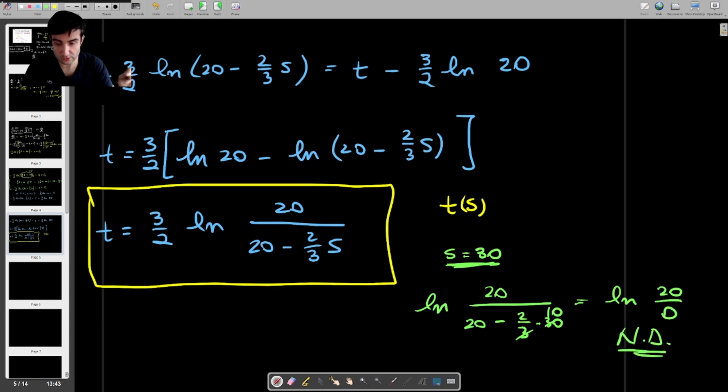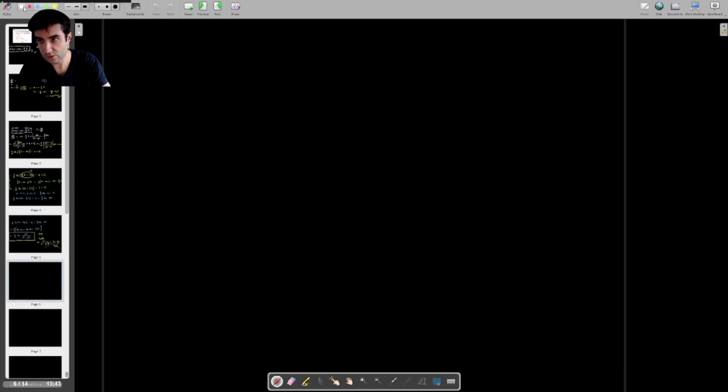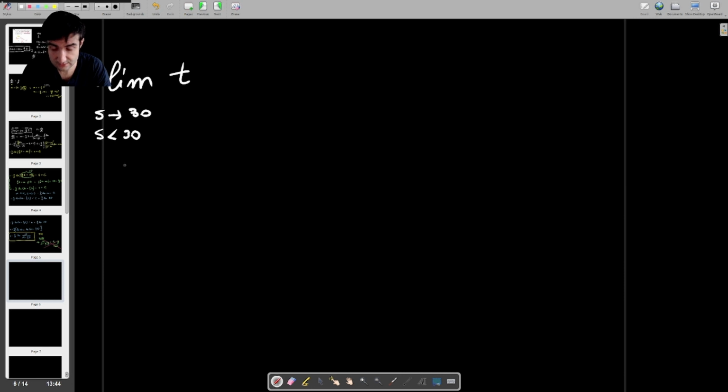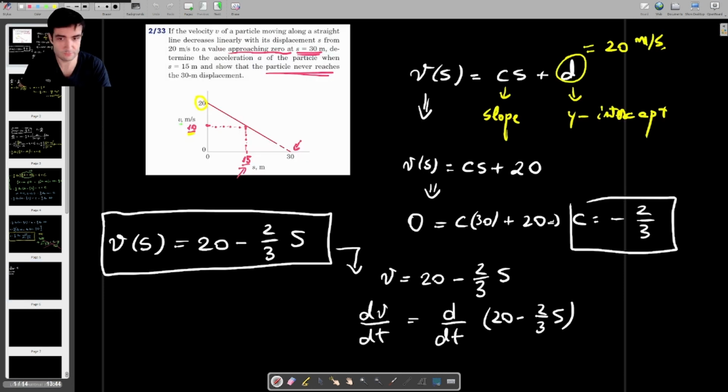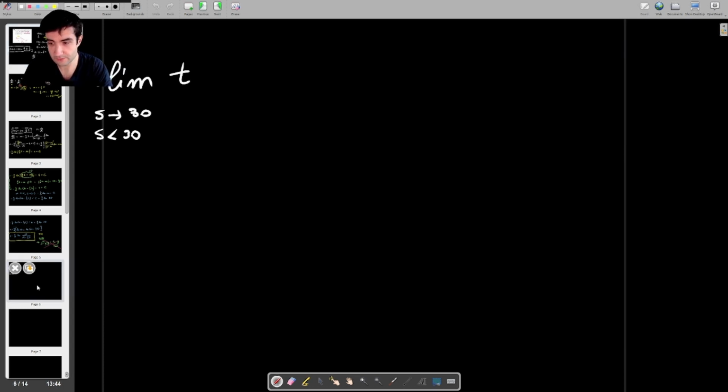So what we can do instead is we can take this to the limit. So I'm going to cross this out. And we're going to say that the limit of t for s approaching 30, but s being less than 30. This is important because s starts from 0 and it creeps out towards 30.